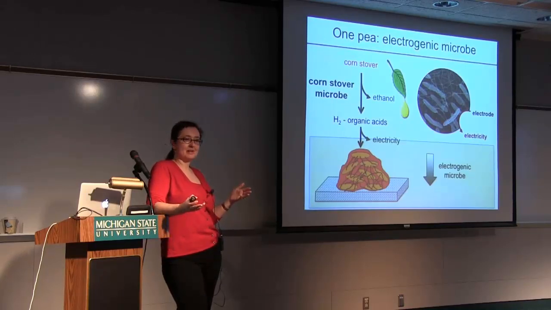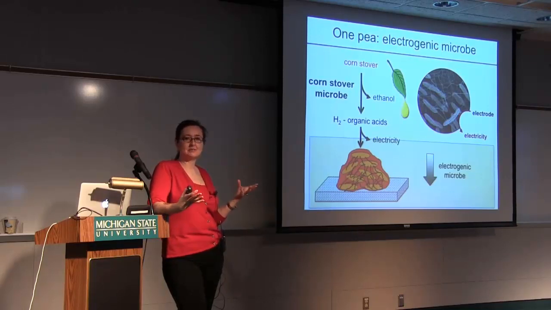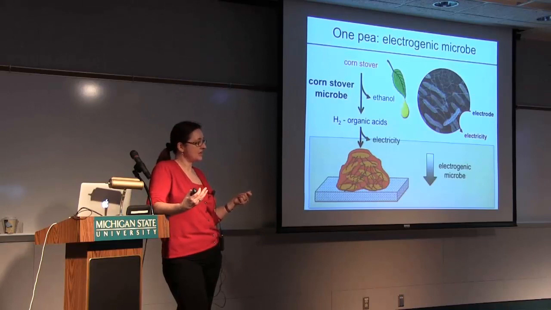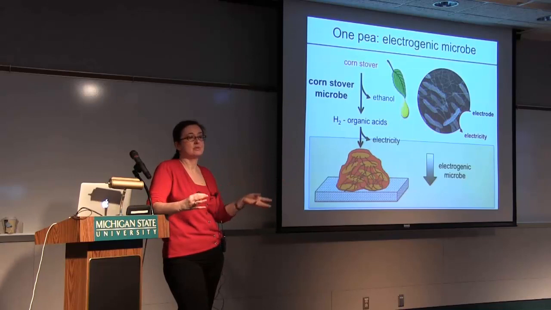Bruce Dale is a chemical engineer that has developed a great chemical pretreatment of this very recalcitrant substrate. So it's more digestible, and you can use it in biorefineries for fermentations. In biorefineries, they just add a cocktail of enzymes to degrade it.